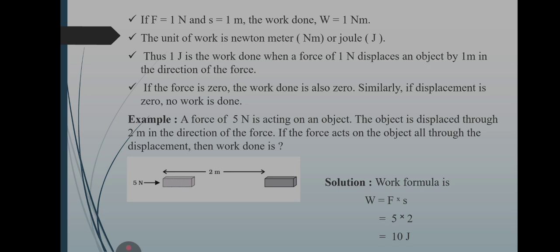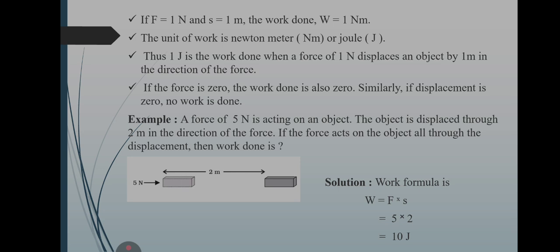Now, what is meant by joule? 1 joule is the work done when a force of 1 Newton displaces an object by 1 meter in the direction of the force. In whichever direction we apply the force, the object is displaced in the same direction.